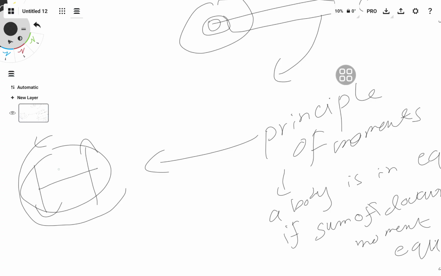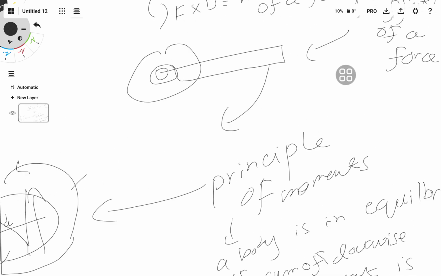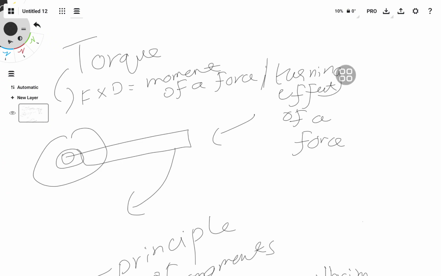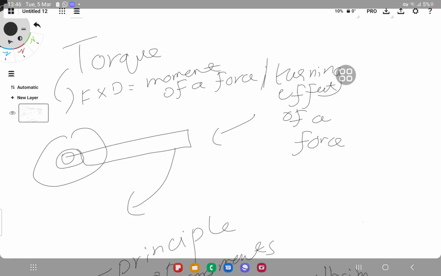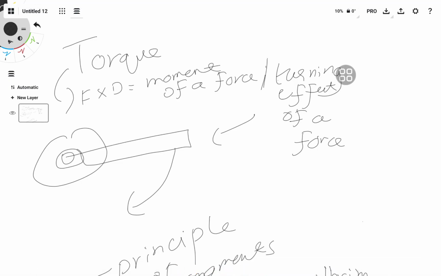It will depend on the radius or diameter d of a circle, like a car steering wheel, and it basically is moving. Turning effect.